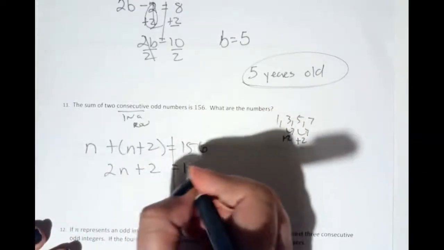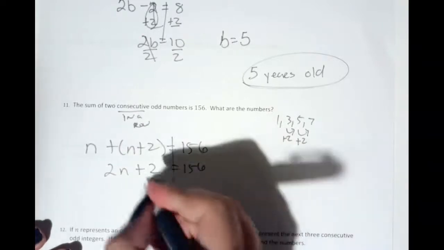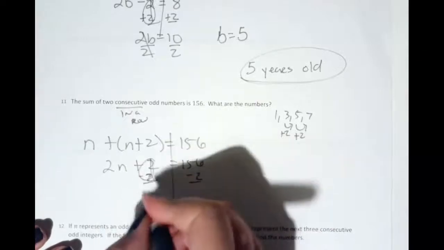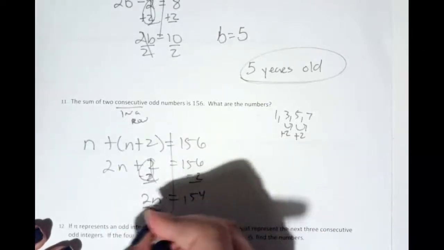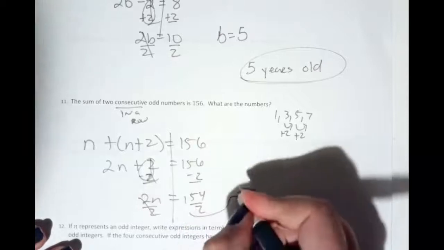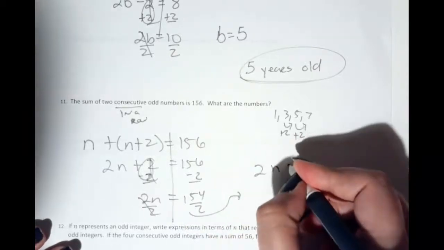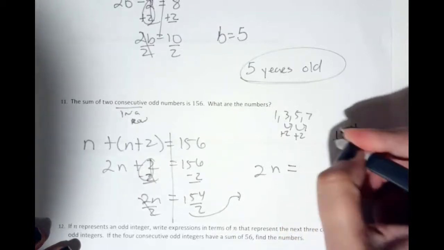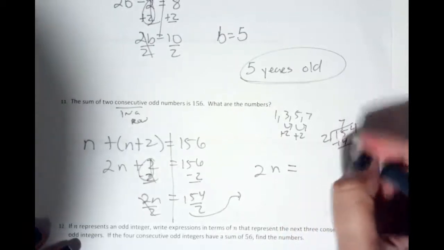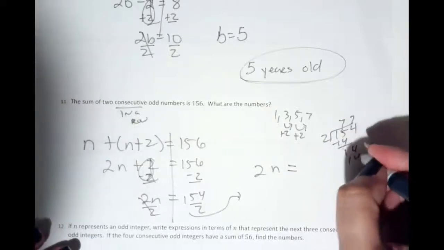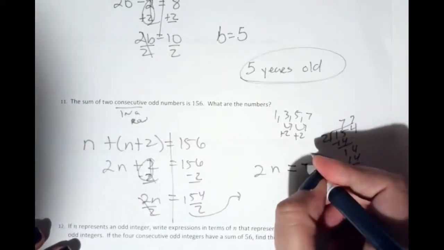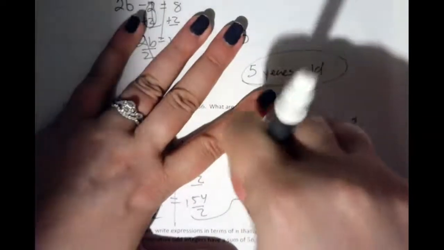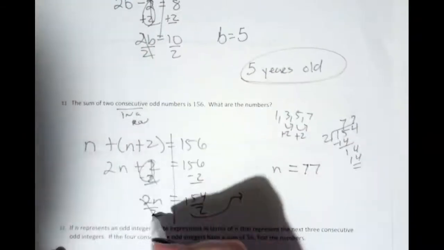Combining like terms. 154 divided by 2. When we divide it by 2, we no longer have that. 2 divided by 2 is 1.